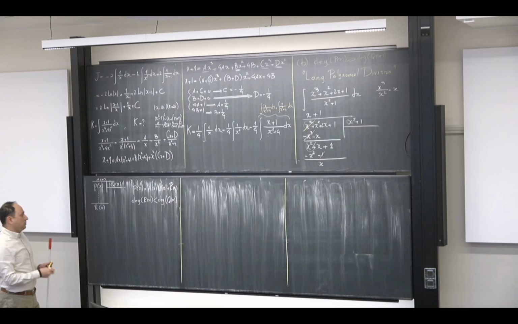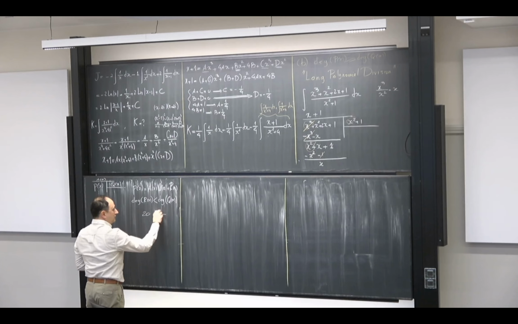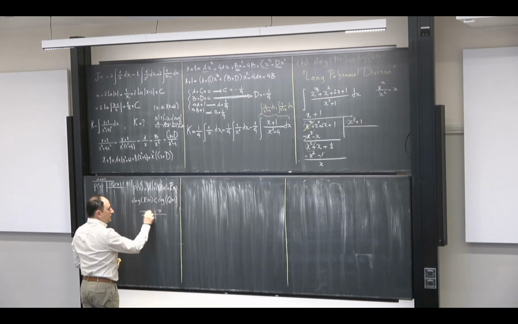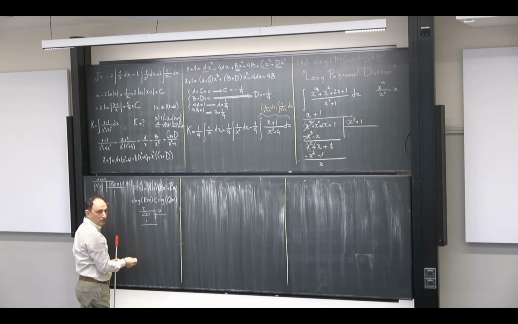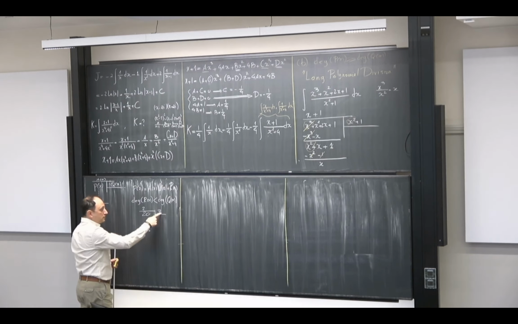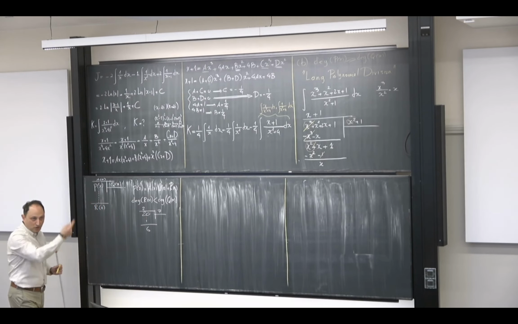No. For example, if you divide 20 by 7, what will be the quotient? It will be 2, and then the remainder will be 6. So if you multiply this by that and add it to this one, you get 20. That's the same logic here.